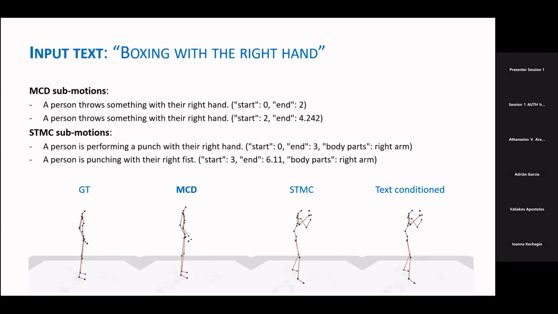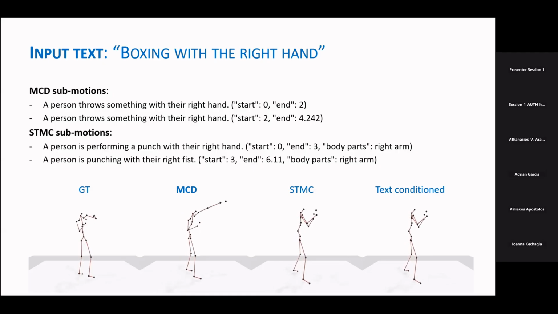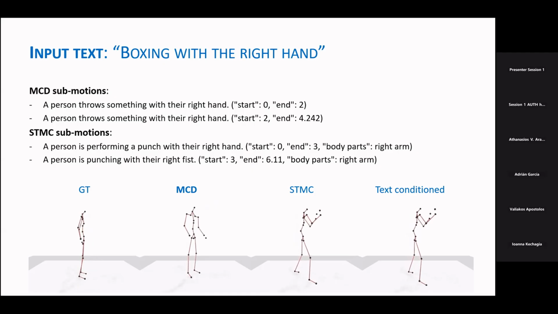On the upper part you see the decomposition for our system, and in the lower part the decomposition from this work that we use for comparison. And so in the animation in the lower part you see the ground truth, the result for our method and for this STMC solution, and the result of our method which is text conditioned, so without the decomposition.